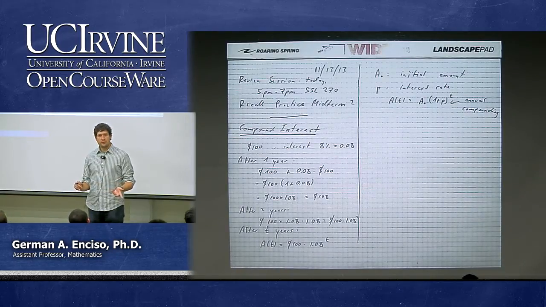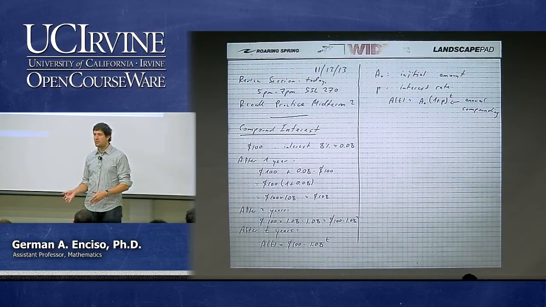But that's not really how it works, right? You can go to the bank, you can leave the money there for, I don't know, a few days or a few months, take your money out, and you already have a little bit more, right? You don't have to wait for a year, right?